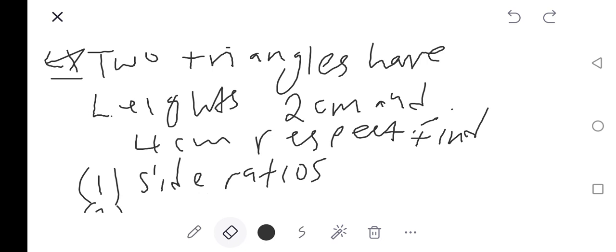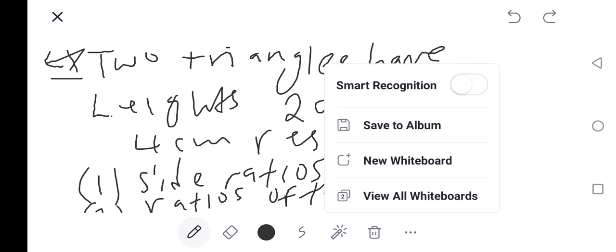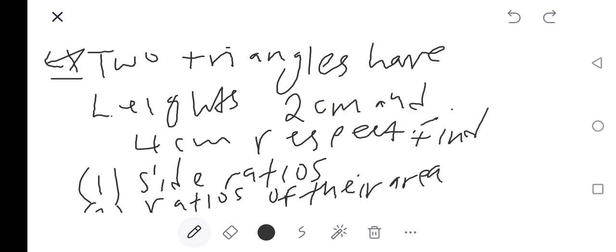Find ratios of their area. Did you get that? Two triangles, they have heights of 2 centimeters and 4 centimeters. Find the side ratios and the ratios of their area.